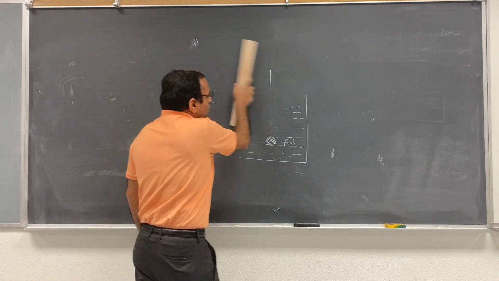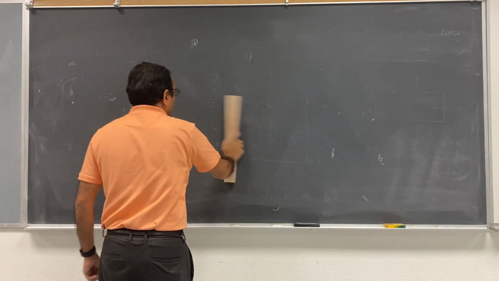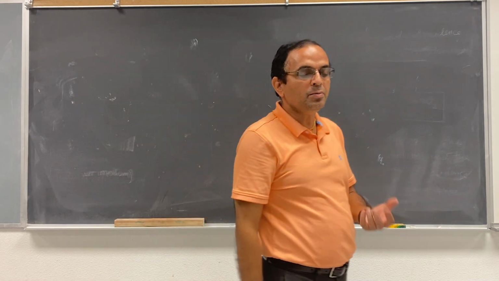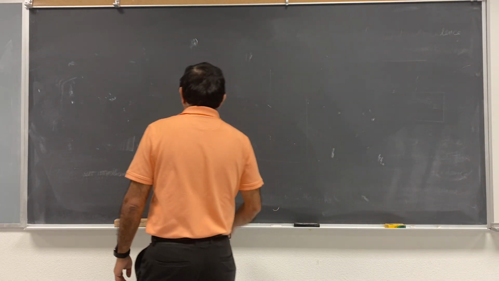So the third law of refraction, I told you that when the light travels from optically thick medium to optically thin medium, the ray of light bends away from the normal. So what happened? Look at this.